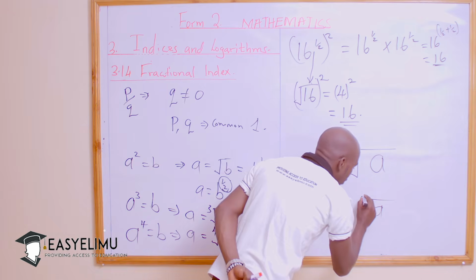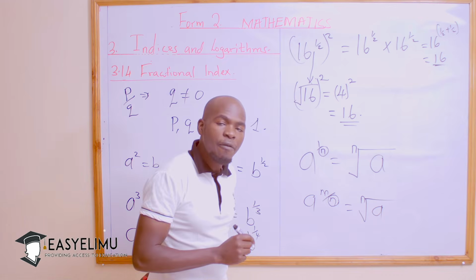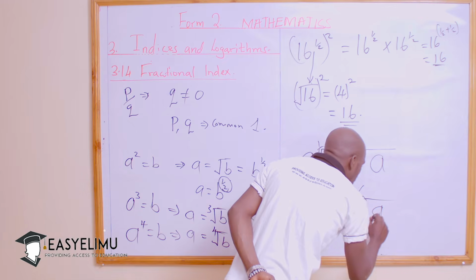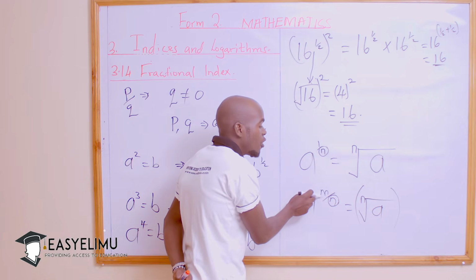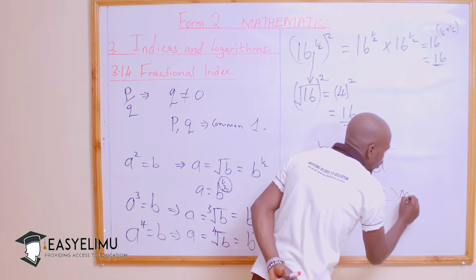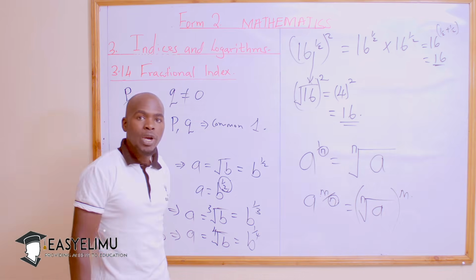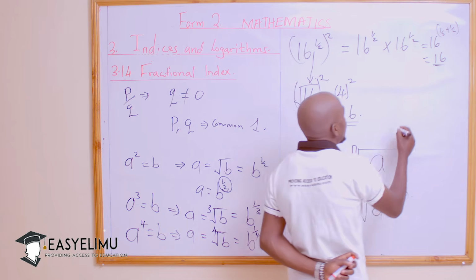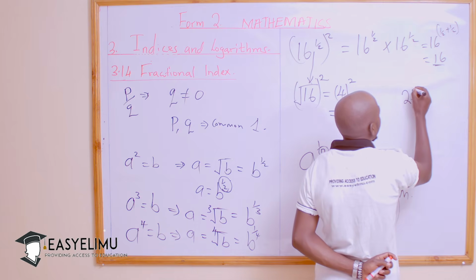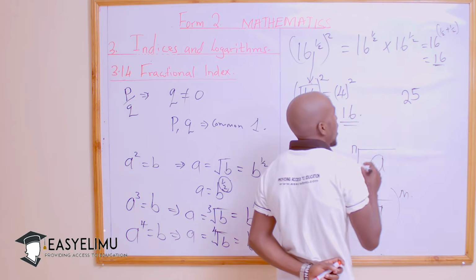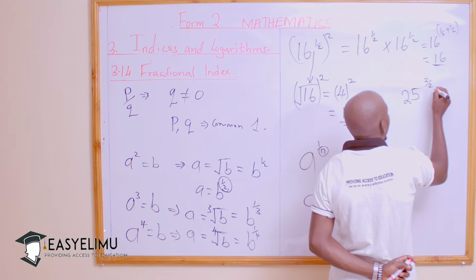So we shall find it to that one, but after finding it, we have to raise it to the numerator of the fraction. So it will be to the power m. With an example, let's find 25 raised to 3 over 2.